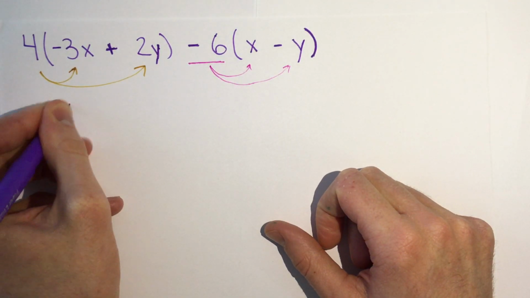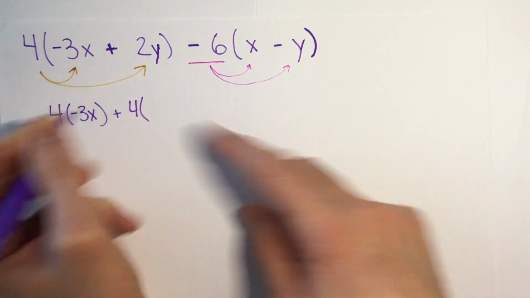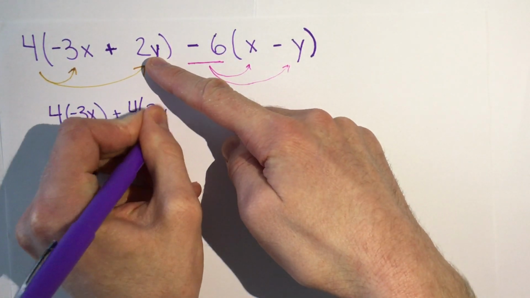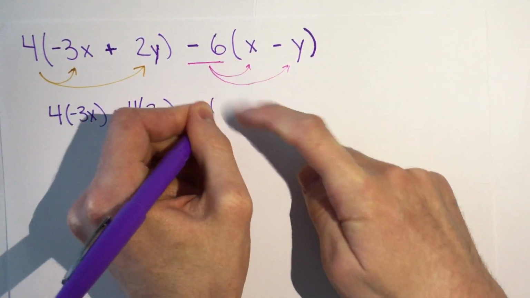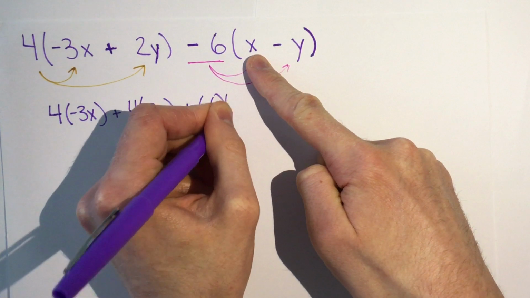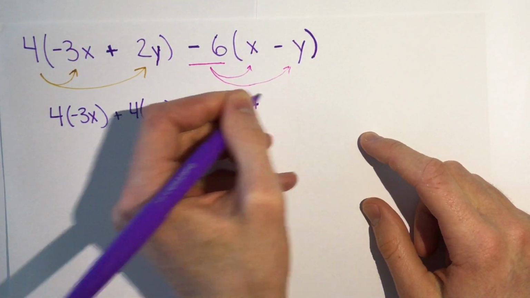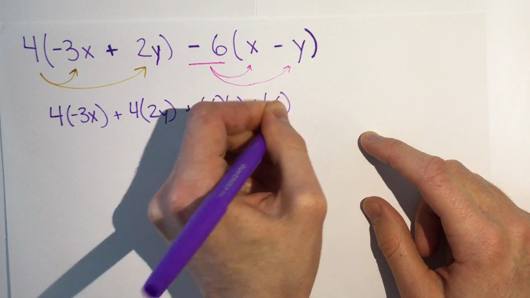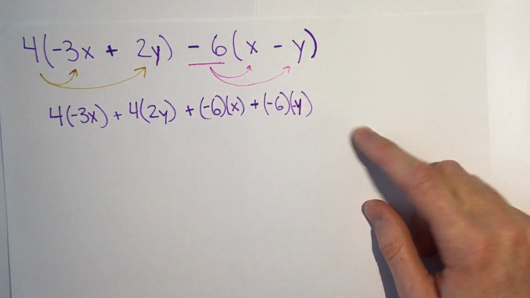So we get 4 times negative 3x, 4 times 2y. And here we have negative 6 times x and negative 6, so plus negative 6 times negative y. Almost forgot the negative there.